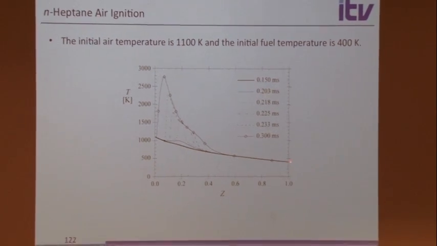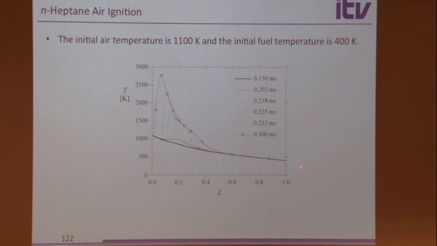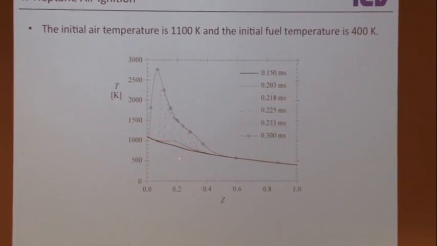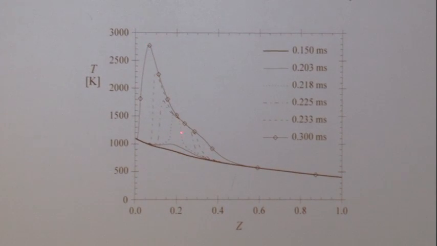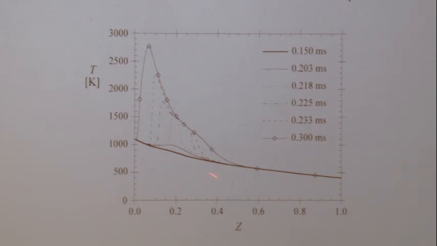And then on the other side, the fuel temperature here is 400 Kelvin. You see in the beginning it's unburned. Then at rich conditions, stoichiometric here is about 0.06 or so, it starts igniting, and then ignites more, and then it burns into the lean and into the rich, and at some point you reach high temperature.